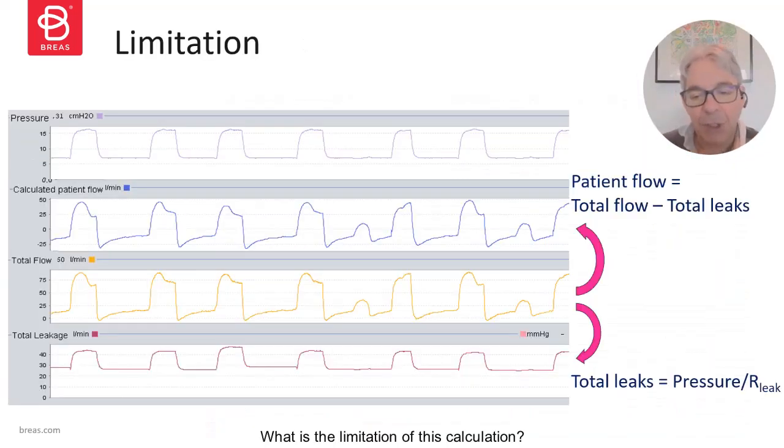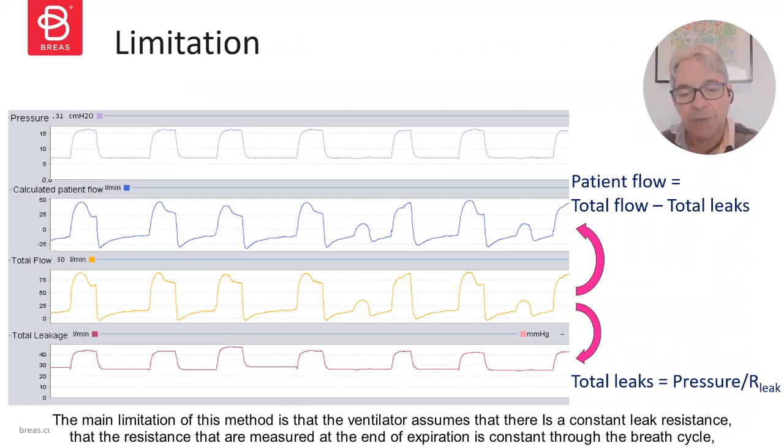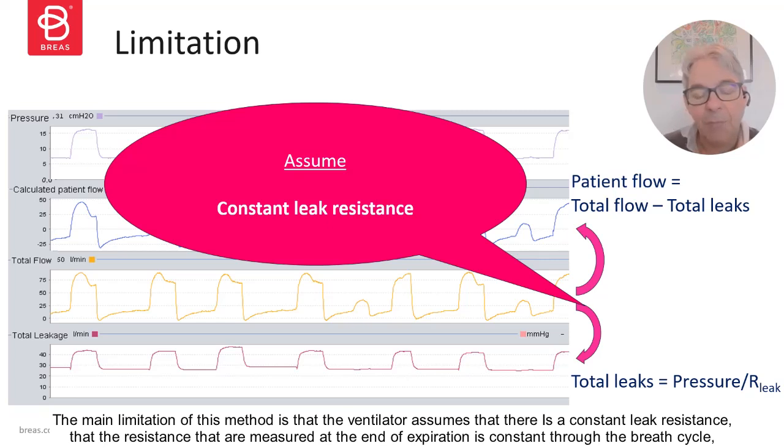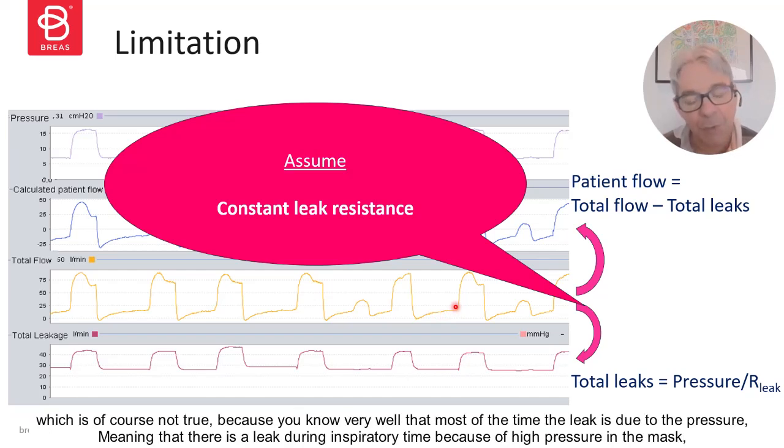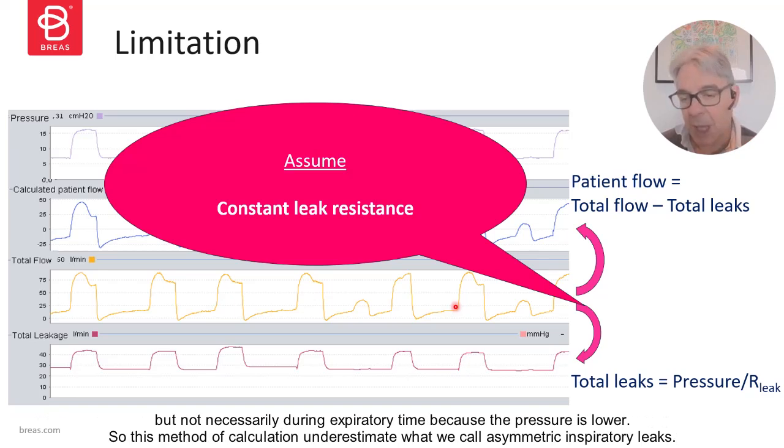What is the limitation of this calculation? The main limitation of this method is that the ventilator assumes that there is a constant leak resistance, that the resistance that is measured at the end of expiration is constant through the breath cycle, which is of course not true, because you know very well that most of the time the leak is due to the pressure, meaning that there is a leak during inspiratory time because of high pressure in the mask, but not necessarily during expiratory time because the pressure is lower.